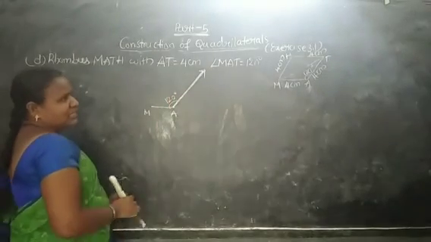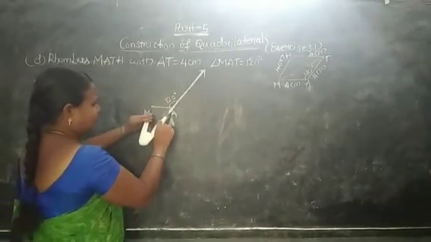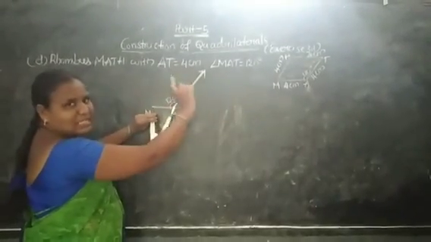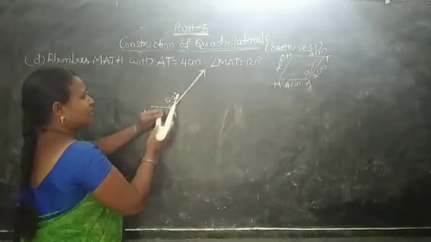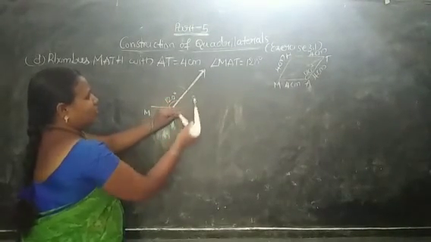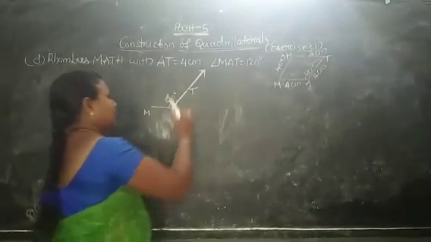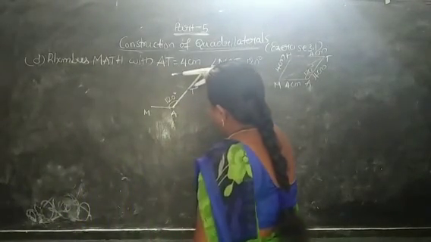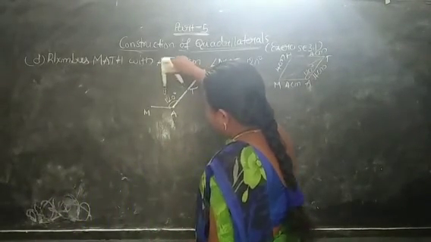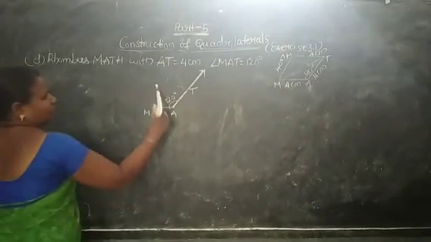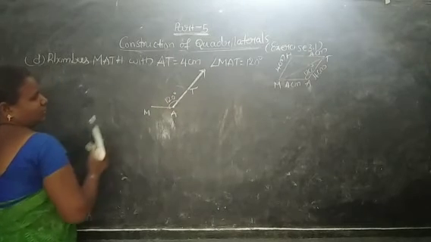Now with the same measure, MA measure only for all the sides, 4 centimeters, 4 centimeters, 4 centimeters. So from A 4 centimeters, construct one arc. From here also construct one arc. From here construct another arc.